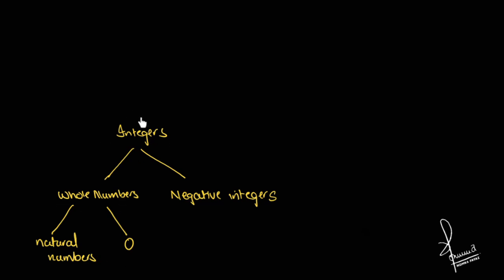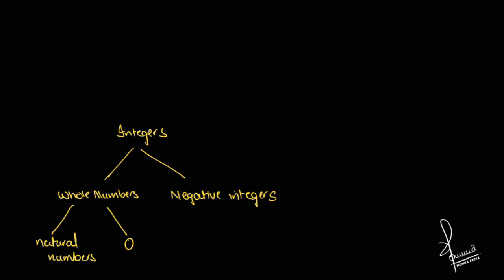We said integers was the biggest. In integers you have whole numbers, which is 0 and positive numbers, and you have negative integers, which includes negative natural numbers, right? Then in whole numbers you have natural numbers, which are your positive counting numbers, and you have 0. We talked about how integers is the greatest, then whole numbers and then natural numbers.